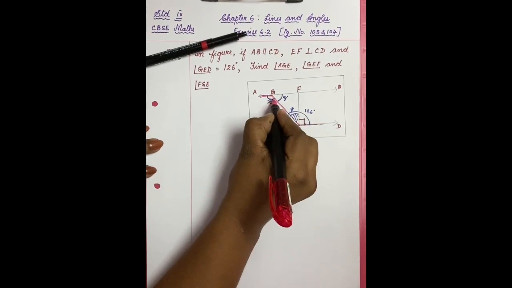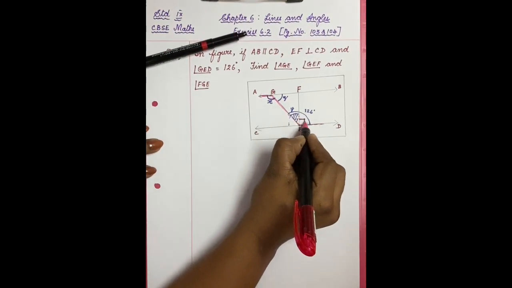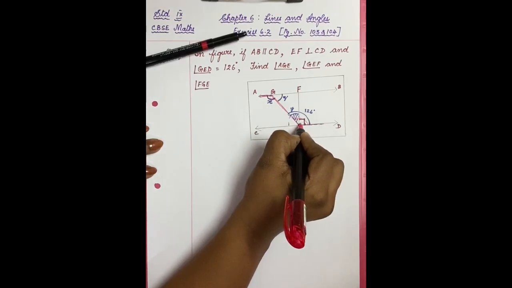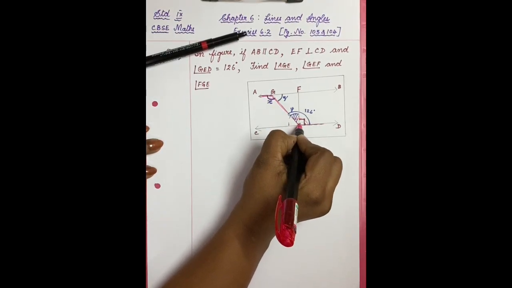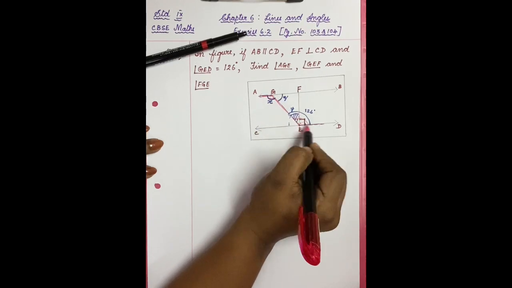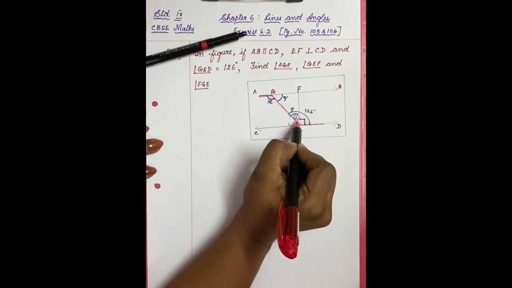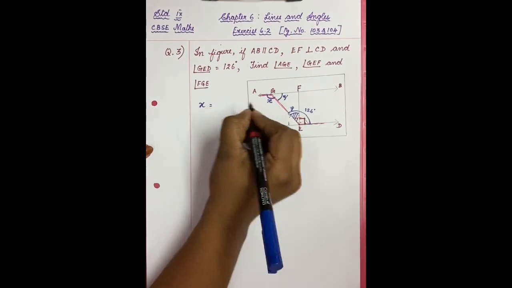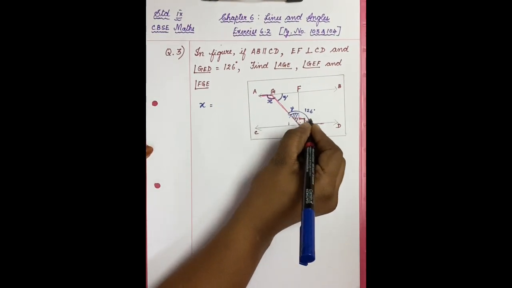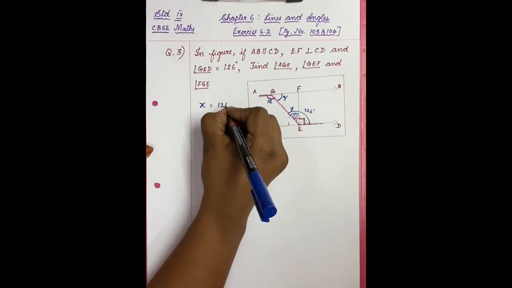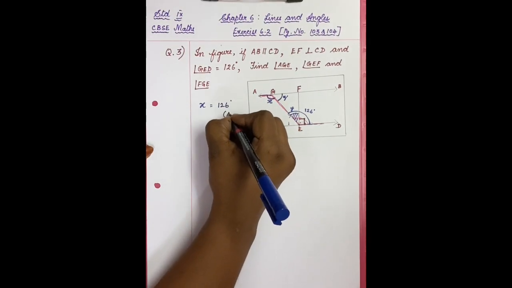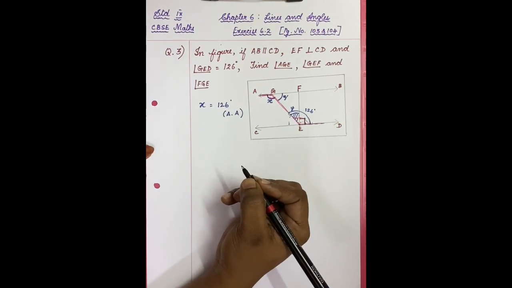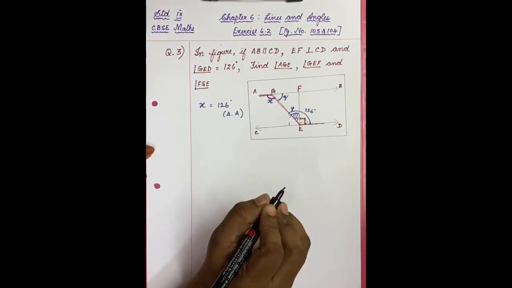So this X angle and this full angle, they are angles in between the alphabet Z. So they are what angles? Alternate angles, because these 2 lines are parallel, they are equal. So X is equal to, what is this angle? It is given 126 degree, directly it is given. So X is equal to 126 degree, alternate angles. I am writing the short form AA, which represents alternate angles. So X value we have got.